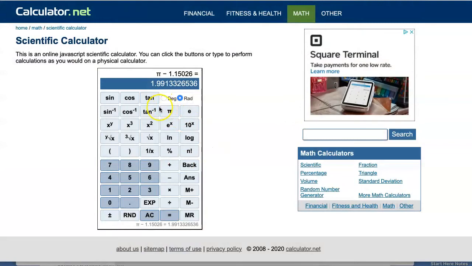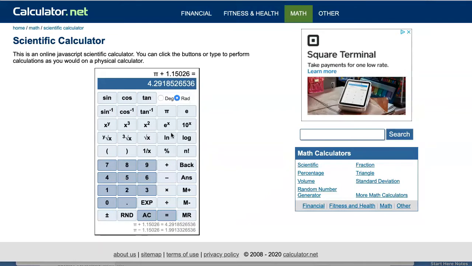Okay, so I want to now do pi plus 1.15026, and I get 4.29185. And then I can also do, all clear, 2 pi.